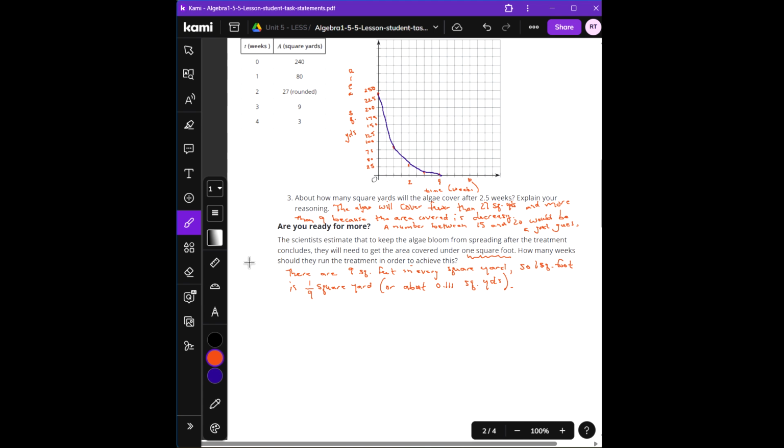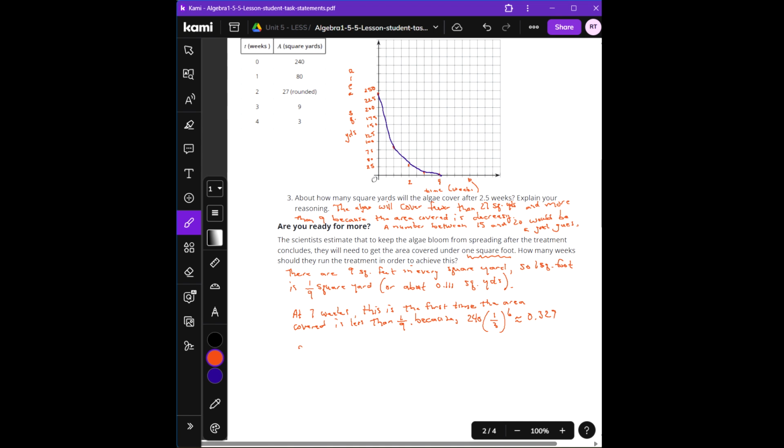All right, so let's take a look. At 7 weeks, this is the first time the area covered is less than 1/9, because, and we're going to look at our formula, 240 times 1/3 to the 6th is approximately 0.329.